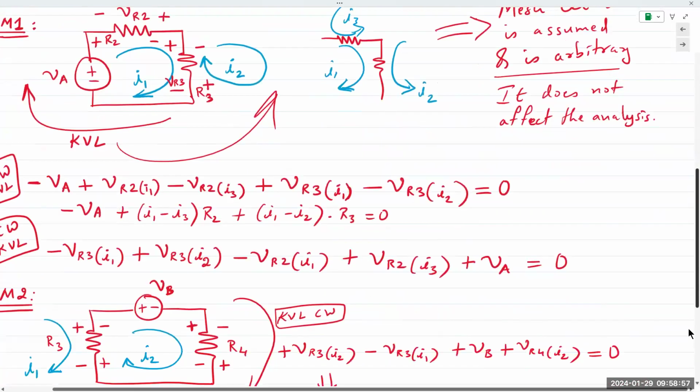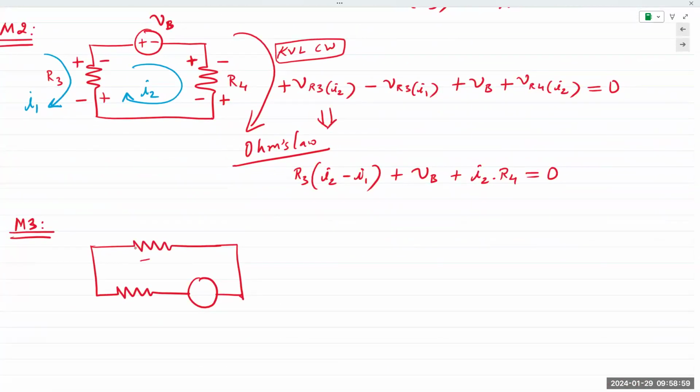R1, R2, and VB, and I3. In this case, now from KVL clockwise, I'm going to have I1 flowing in this direction, and then plus minus.